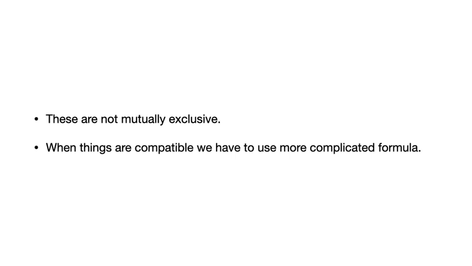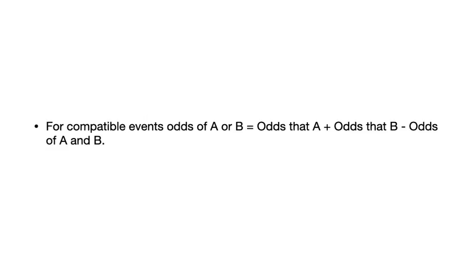So what's happened is that we count the number cards twice because they're part of both groups. Well, how do we make sure we don't do that? Whenever events are compatible, we have to take the odds that A plus the odds that B and subtract the odds of A and B. For compatible events, A or B equals odds that A plus odds that B minus the odds that both happen together.